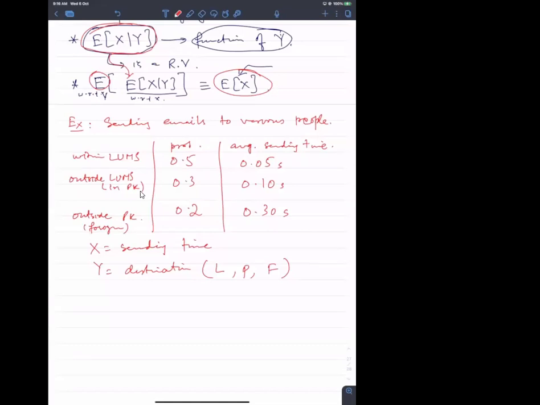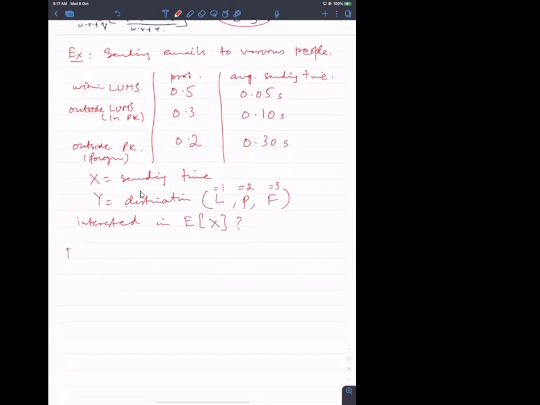So let me define y to be equal to 1 if it is local, y to be 2 when it is within Pakistan, y to be 3 when it is a foreign email. So I am interested in the expected value of x.